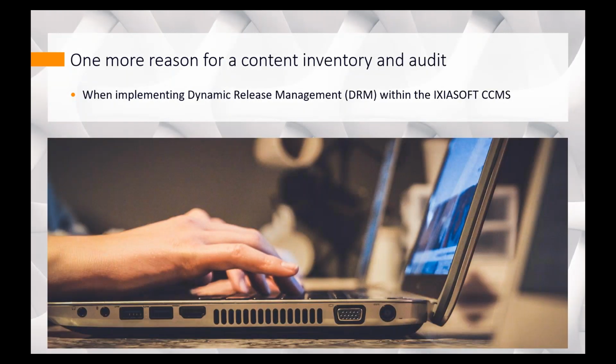So there's one more reason you might want to do a content inventory and audit, and this reason is specific to IXIASOFT's CCMS feature called Dynamic Release Management, or DRM. Right. So DRM is a robust version control feature. You organize your content into multiple product and library versions, which can be dependent on each other, ensuring that the maps, topics, and images that you use in a deliverable are all the appropriate versions for that deliverable, and that outdated or future information doesn't slip in.